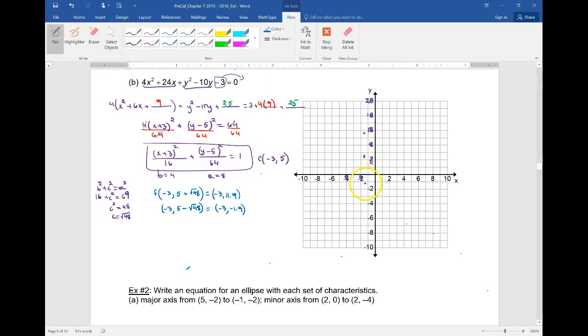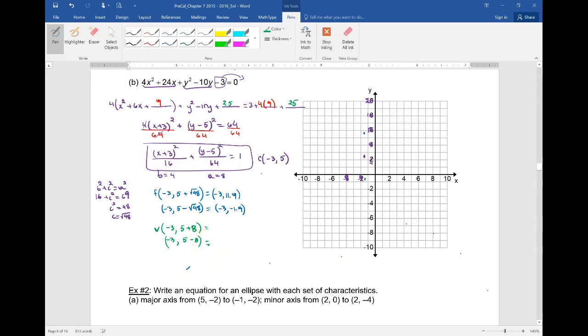And at negative 1.9, we have another focus. Now, the vertices, same exact situation. You add them to the y. So it's negative 3, comma 5 plus 4, negative 3, 5 minus 5 plus 8, and 5 minus 8.